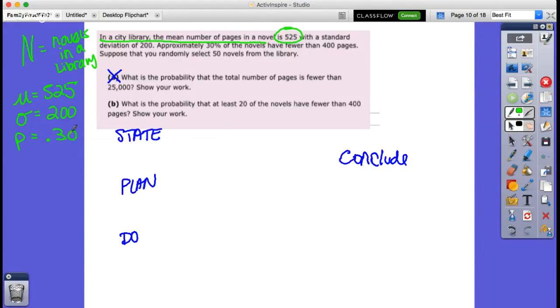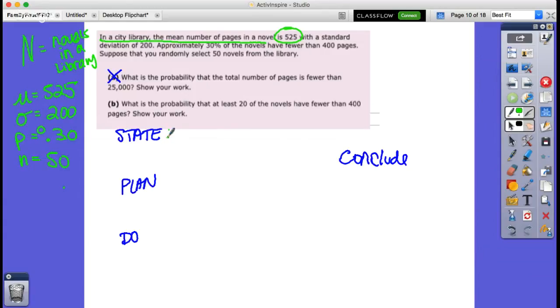And we'd have 0.30 as my P, or my parameter. So this would be my proportion there. Suppose that you randomly select 50 novels, so my little n being 50, from my entire population. These are the things that we have, and I would really literally write this out. This always helps me with what we're doing.